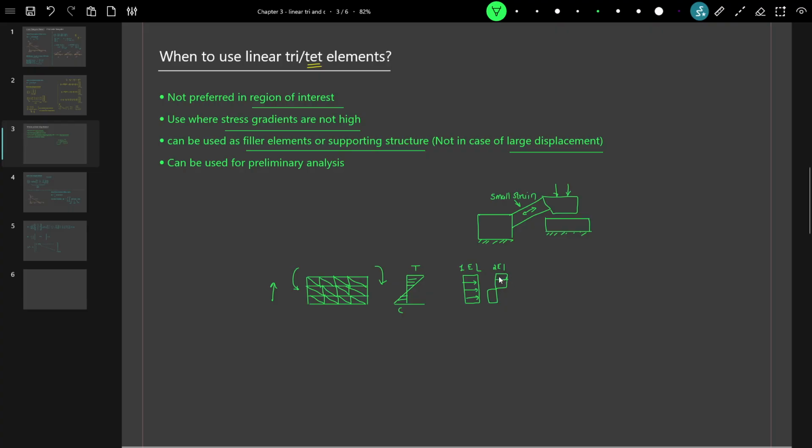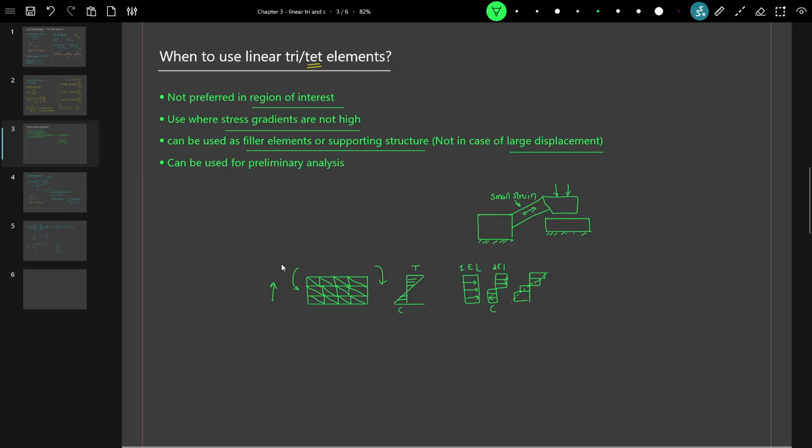Here we have constant strain in the upper element, and the lower element will have constant stress, which is compressive. So we need to do a lot of refinement in order to capture this stress gradient. If four elements, then it will be something like this. As you can see, with refinement it moves towards the expected behavior, which is smooth.